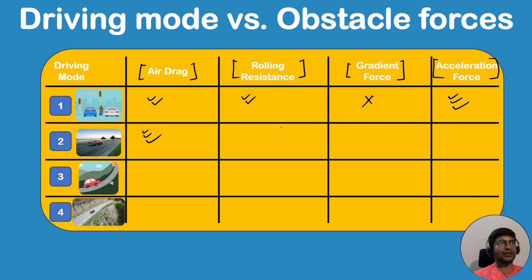There is of course going to be the rolling resistance force, and the gradient force will not be there because we are driving on a flat road at a constant speed, which is the max speed. We are not trying to accelerate in this driving mode, and hence the total acceleration force will be zero.